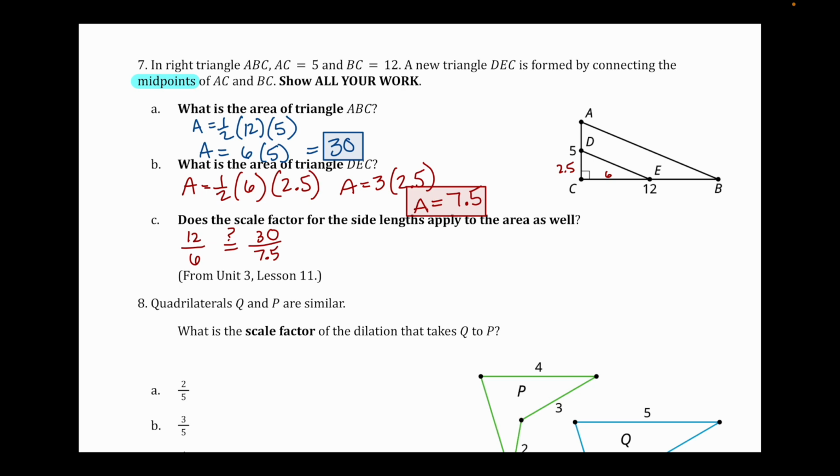I might have said the reciprocals of them. 12 over 6 would give us 2, and 30, if we divide it by 7.5, actually gives us 4. So no. The scale factor is actually squared here because we apply it to the length and the width and then multiply it together. So it's like saying 1/2 times 12 times 1/2 times 5.